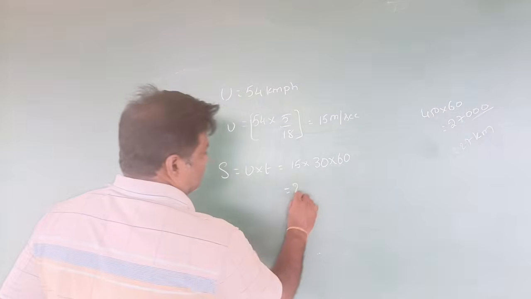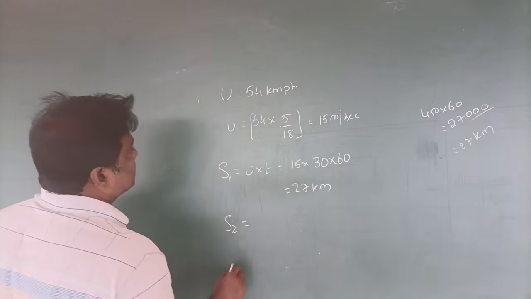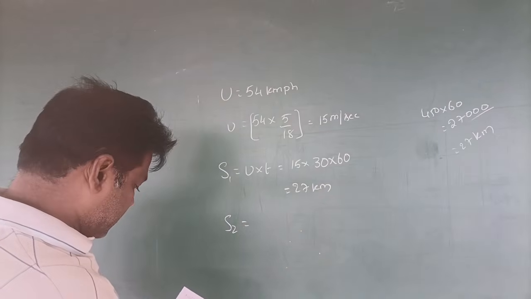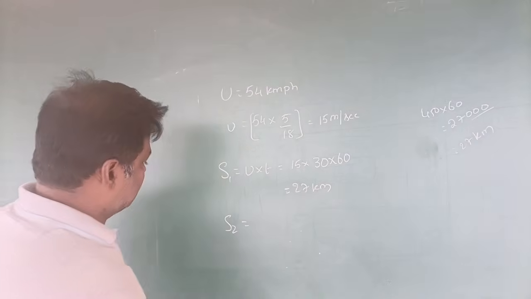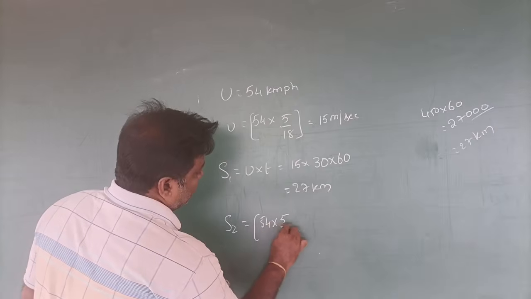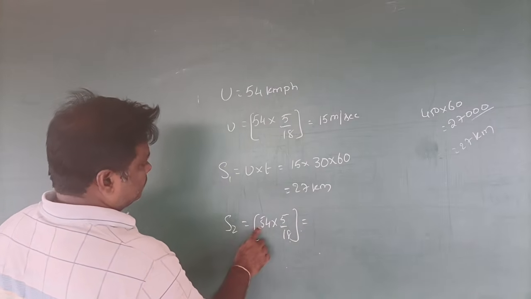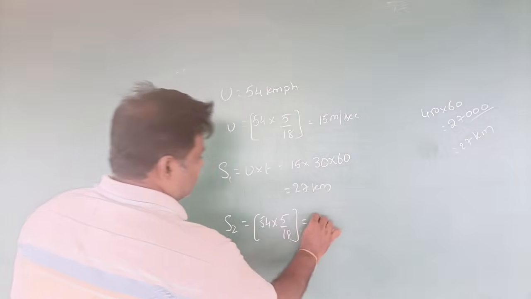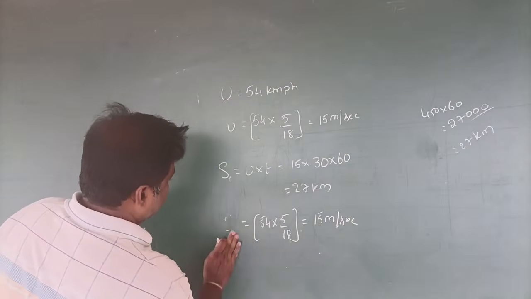So you will get 27 kilometers, and another distance with the same speed for a different time interval, that is for 40 minutes. You will get the same speed: 54 into 5 by 18 is equal to 15 meter per second. This is u.